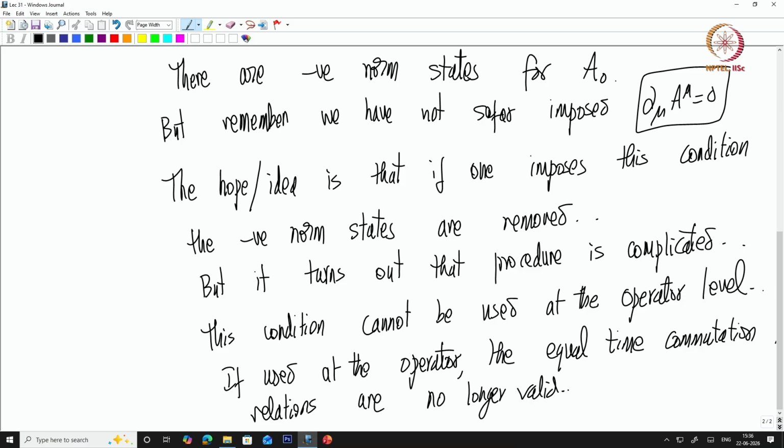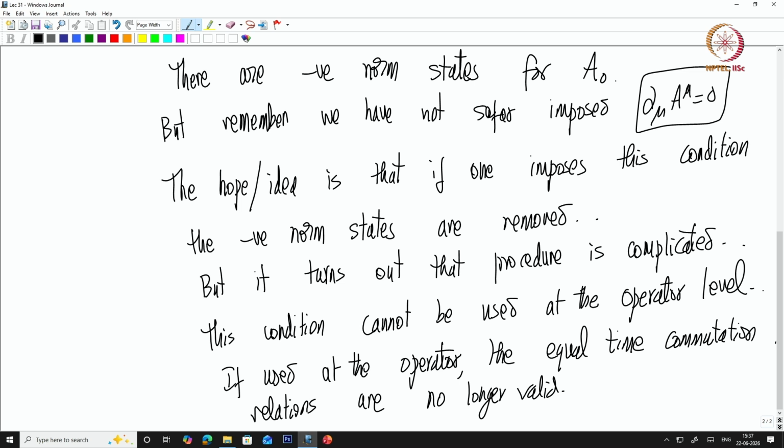Why? Because we added this term in the Lagrangian, which is minus half del mu A nu whole square, and that makes A0 dynamical because A0 dot is not 0. So, it makes it dynamical, and that is how we got the equal time commutation relations to work.